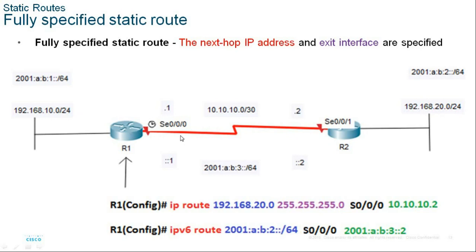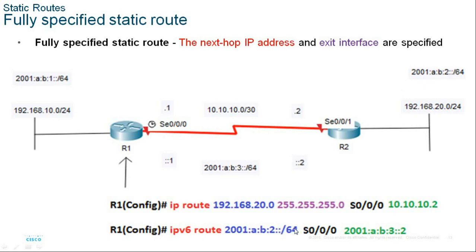In a fully specified static route, we have to use the exit interface. So for R1, the exit interface is serial 0/0/0 followed by the next hop address. For R1, the next hop address is this one, 10.10.10.2. Similarly, for IPv6 it is also the same. IPv6 route, this is the remote network here, 2001:A:B:2:: slash 64.